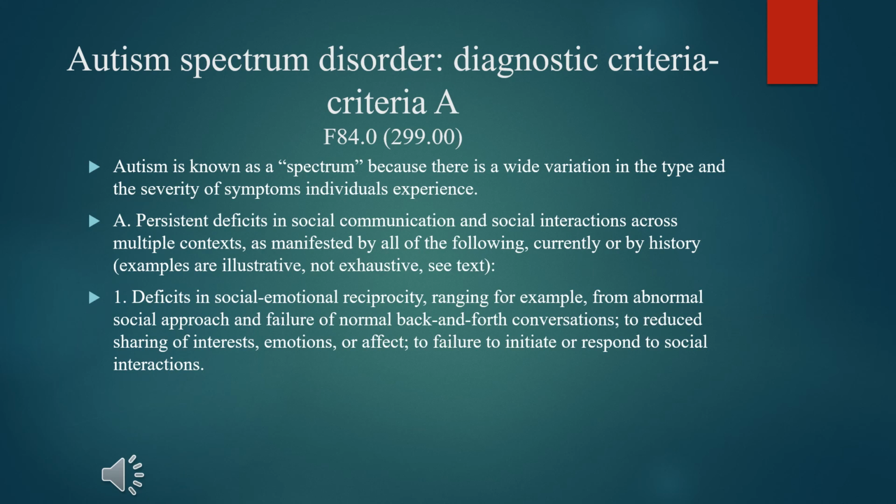Examples are illustrative, not exhaustive. See text. 1. Deficits in social emotional reciprocity, ranging, for example, from abnormal social approach and failure of normal back and forth conversation, to reduced sharing of interests, emotions, or affect, to failure to initiate or respond to social interactions.